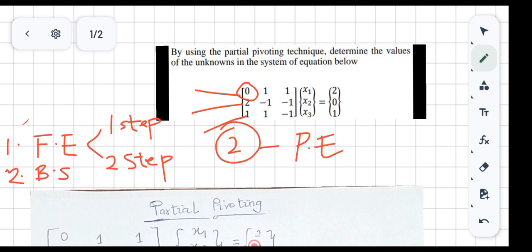So you have to switch row 1 and row 2. This is row 1, this is row 2, and this is row 3. In order for 2 to go on top or to replace 0, you have to switch row 1 and row 2, right?